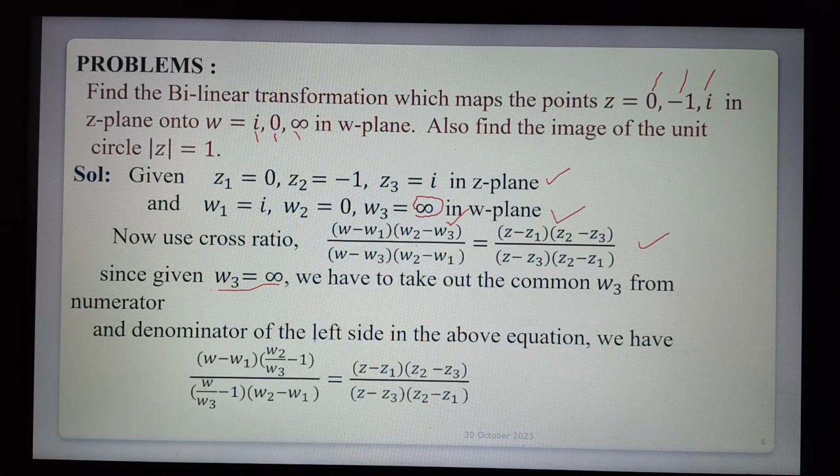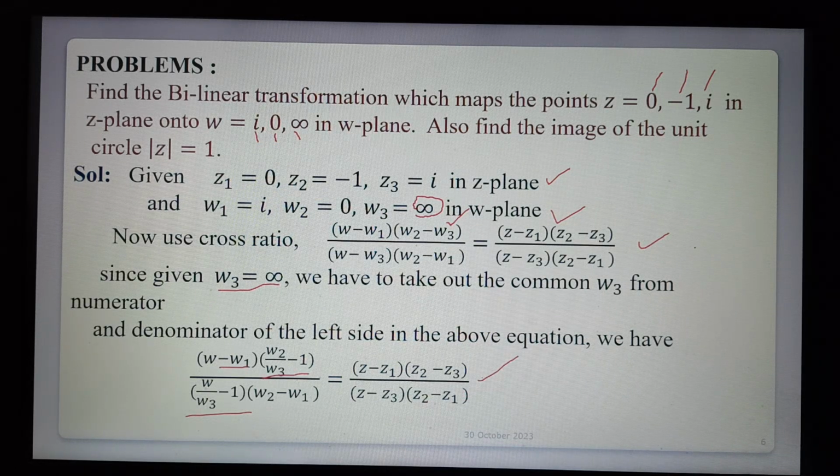So w3 is common here, so from numerator and denominator w3 comes out and cancels. Remaining here, (w minus w1), with w3 common, that is w2 by w3 minus 1. And in the denominator, w3 common, w by w3 minus 1, into (w2 minus w1). The right side is the same, no change, okay.